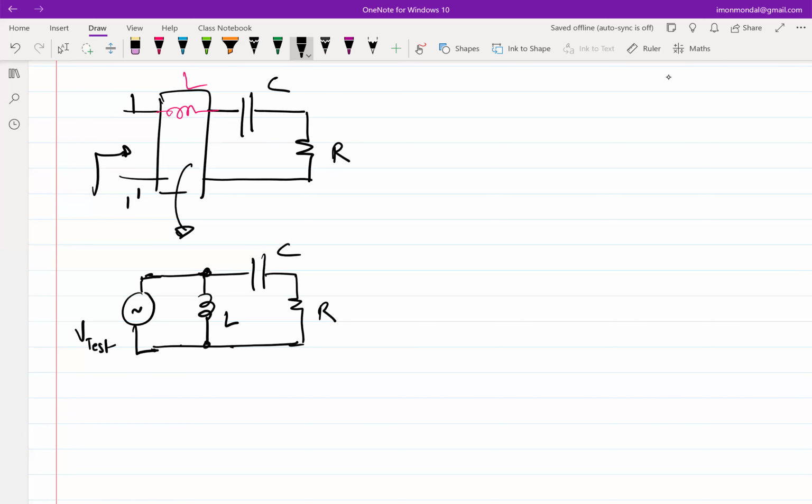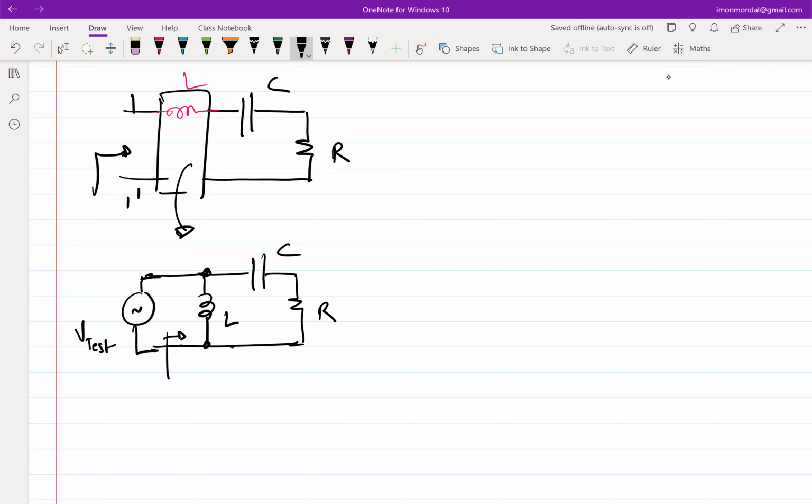In other words, what I'm essentially saying is I'm trying to find out the impedance looking here, and then trying to find out whether the real part of the impedance is equal to 4R. And I'm hoping that this L and C combination will be such that the imaginary part will get cancelled out at some frequency. I don't know, that's the hope.